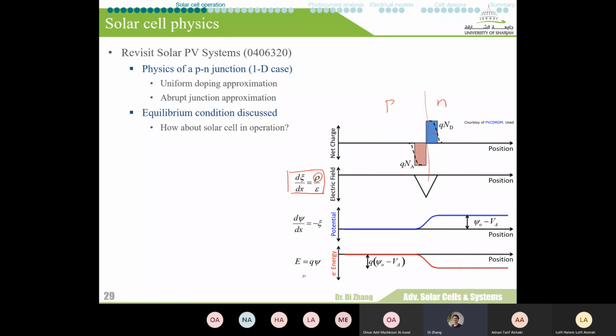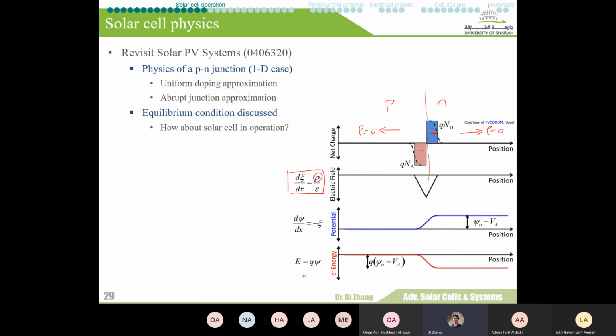Near the n-type side, we have a positive space charge. In the p-type side, we have a negative space charge, and the space charge exists only within the space charge region. If you go far away from the n-type side or the p-type side, the space charge is going to be net zero. So you have no space charge far away from the space charge region.